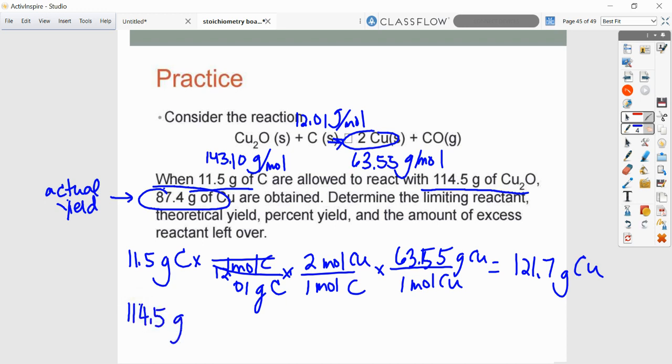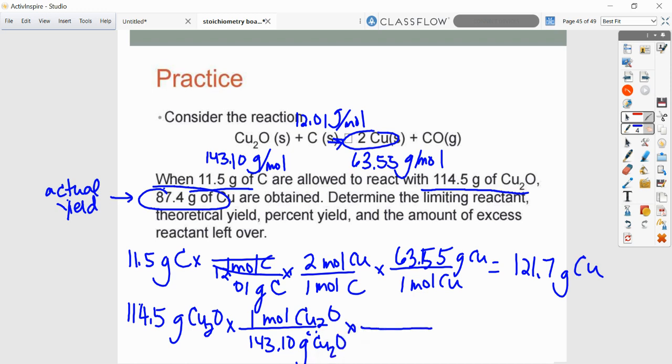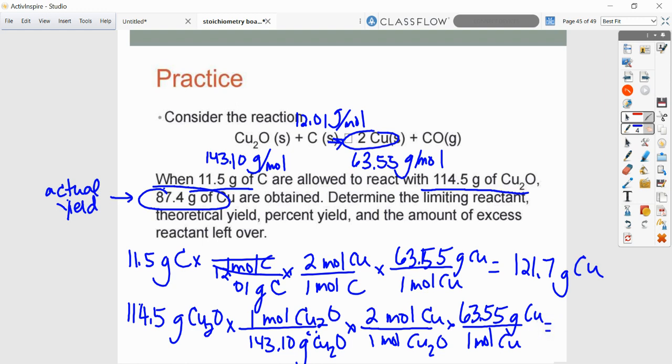We'll do the same for copper 1 oxide. Mole ratio, molar mass, multiply all that across, and we get 101.7 grams of copper.